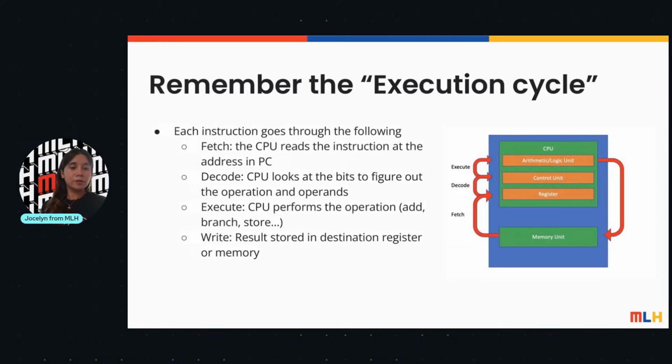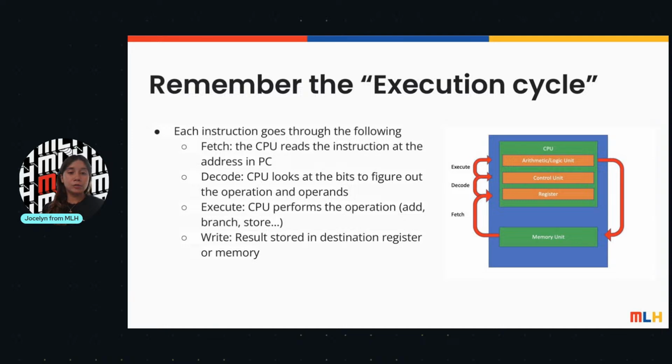The first thing you do is fetch. The CPU reads the instruction at the address in PC, the program counter. You read the instruction at that specific address because it's the next address that follows.